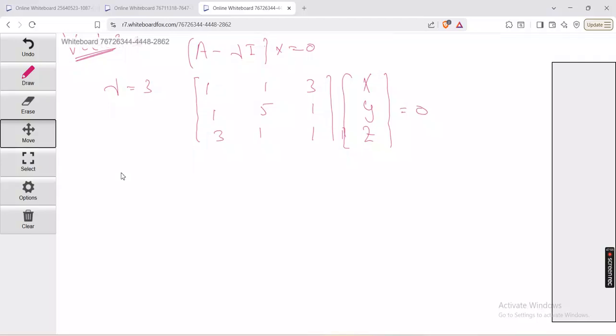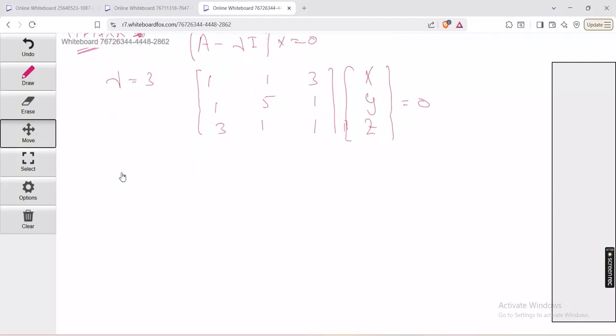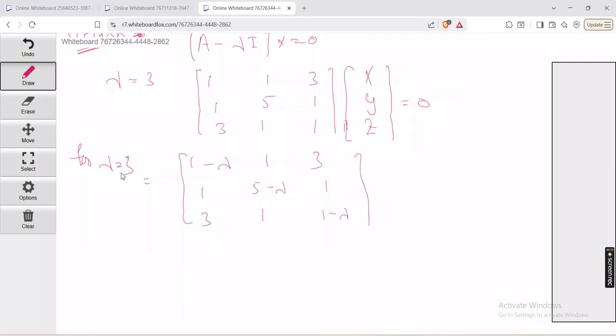Now, again, for lambda is equal to 3, you know that you have to multiply with the identity matrix, so again it will become 1 minus lambda, 1, 3, 1, 5 minus lambda, 1, 3, 1, 1 minus lambda, times x, y, z, which is equal to 0.